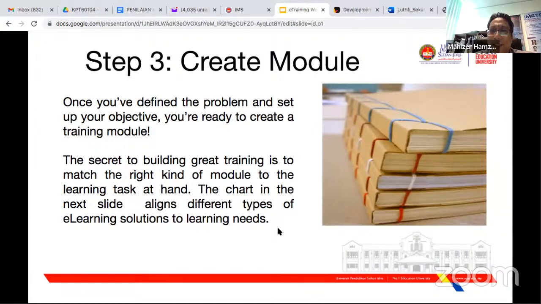Instead of the training to learn to read, and then they can learn something about the theory and model. But when it involves skills, then you have to develop a suitable module for that type of skill.